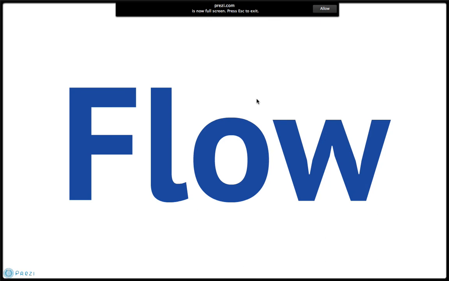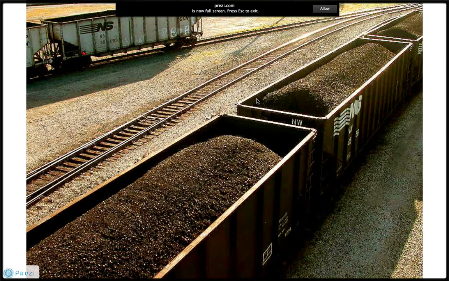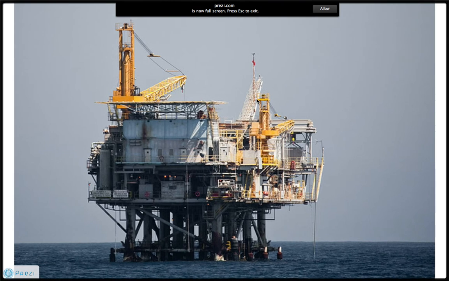Now, flow resources. Actually, let's back up really quick and go back to the oil. You've probably heard a lot of people talk about gas prices, and how the United States has a dependence on oil. What that means is that we use a lot of oil, we drive a lot of cars, and we use a lot of things that use oil.